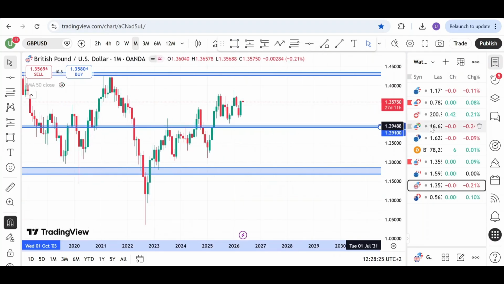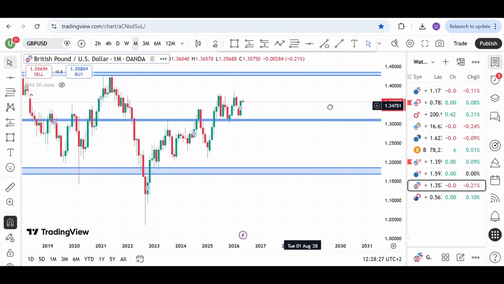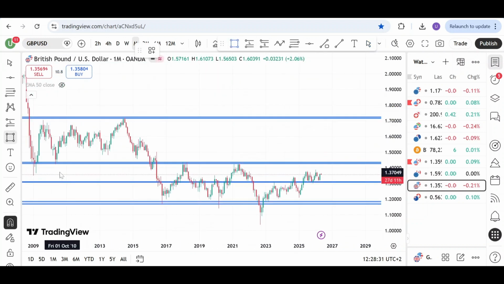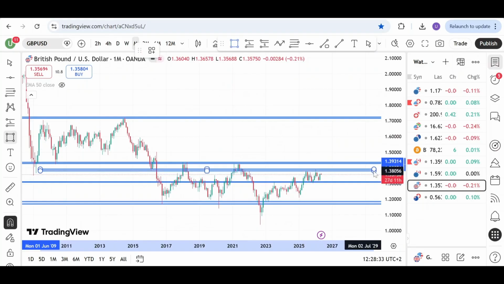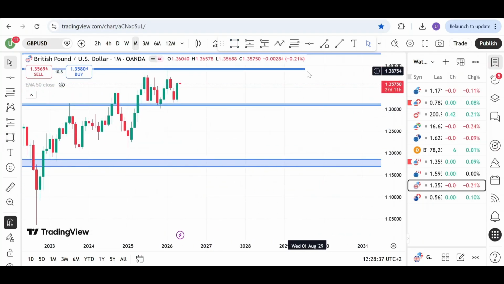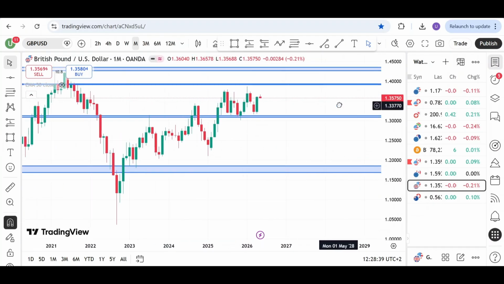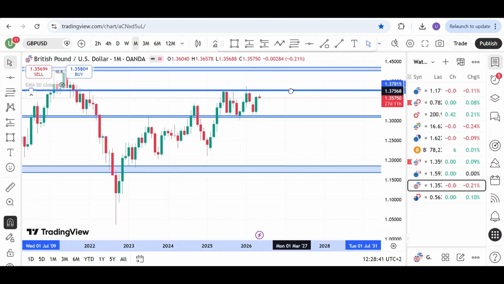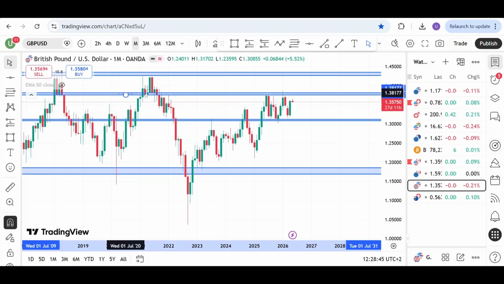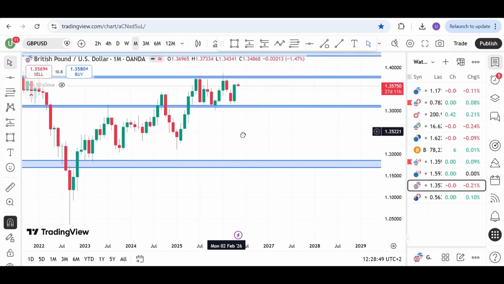here. Okay. We are in a range or a consolidation here. Okay, what does it mean?